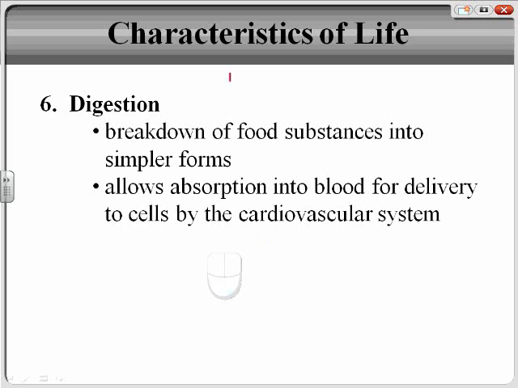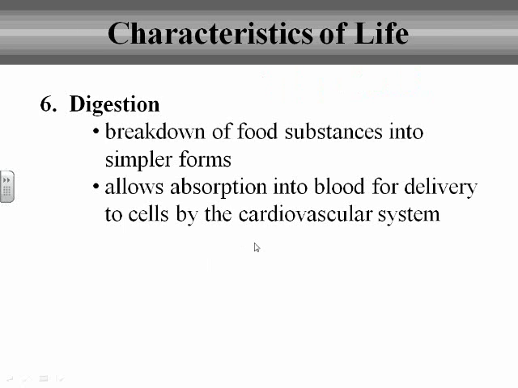So the idea of eating a piece of bread, your body doesn't absorb bread, but it will absorb glucose molecules from the bread, as that carbohydrate gets broken down into more simple sugars, right? We know that bread is a complex carbohydrate. That should be a polysaccharide that as it breaks down, it becomes a disaccharide, monosaccharide, and such. So it's important for that digestion to occur so that nutrients can be absorbed.